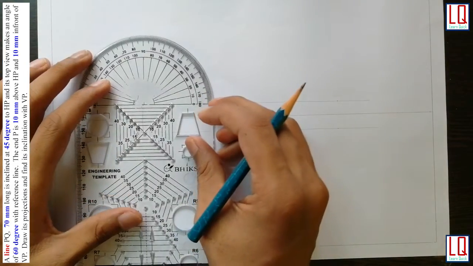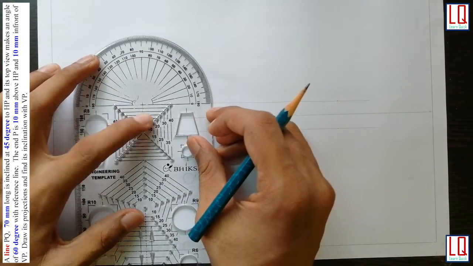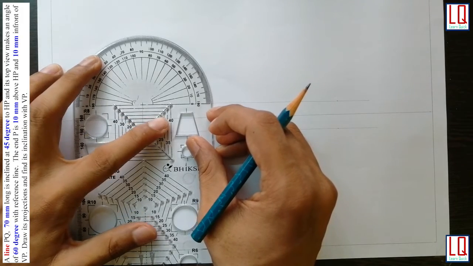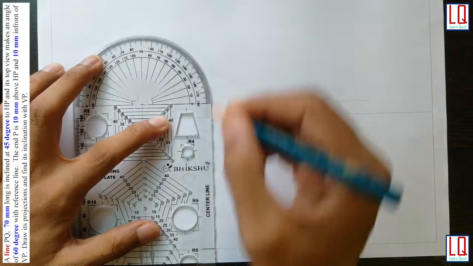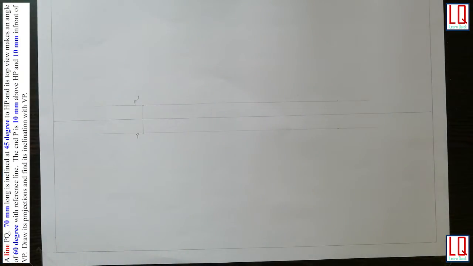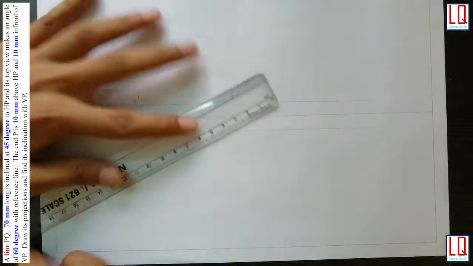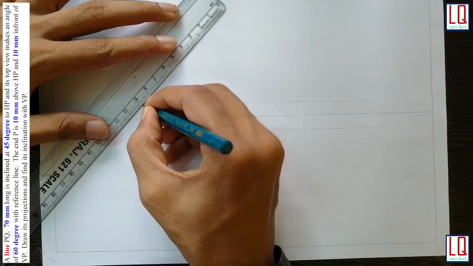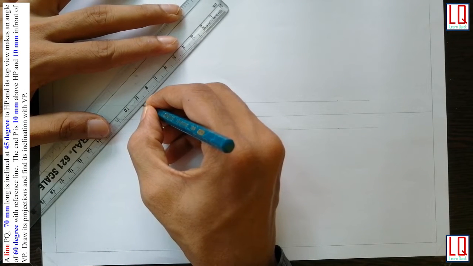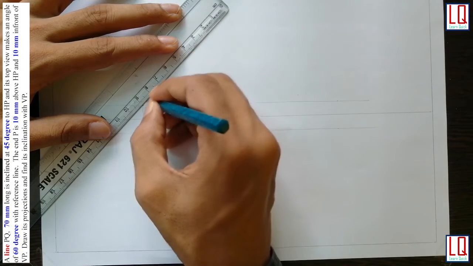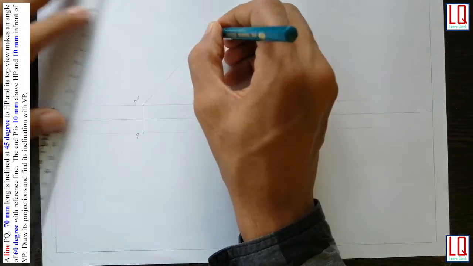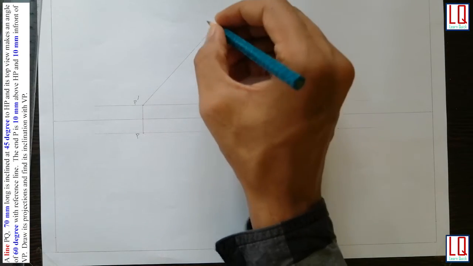Now they have given the true inclination of the line in front view, that is 45 degree to HP. We will mark the 45 degree here, and then we will draw the true length of the line. Since this is the true inclination, we will draw for the distance of 70 and mark this point as Q1 dash.